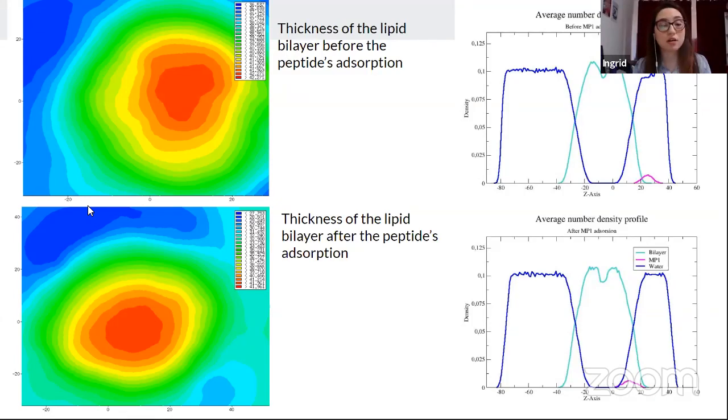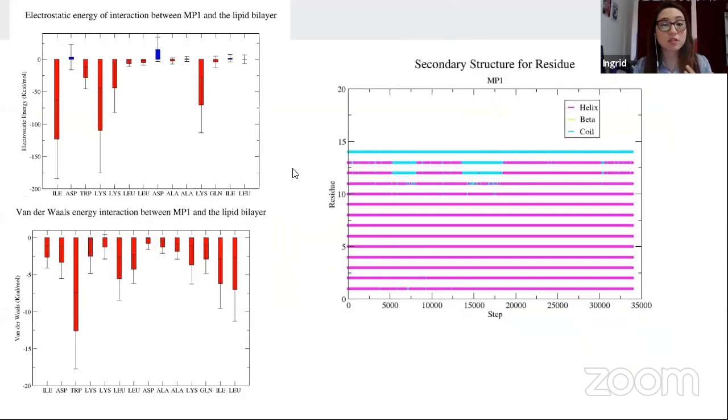So it's a difference of around 9 angstrom: the peptide is inducing a narrowing in the lipid bilayer. Also, I wanted to see what happens to the secondary structure of the MP1, and almost all amino acids stay in alpha helix configuration during the entire simulation.